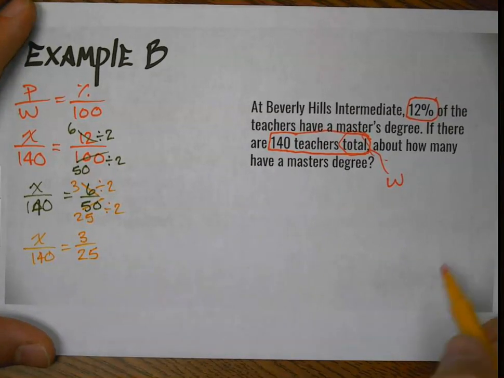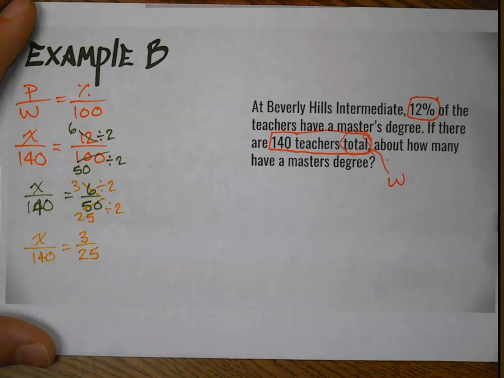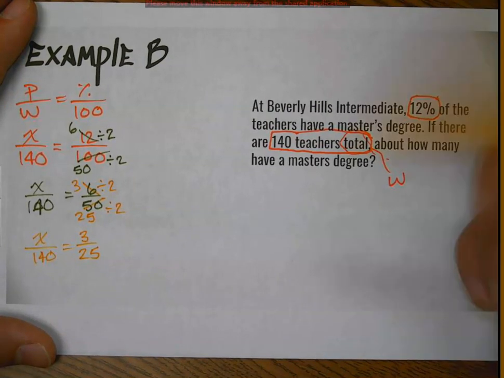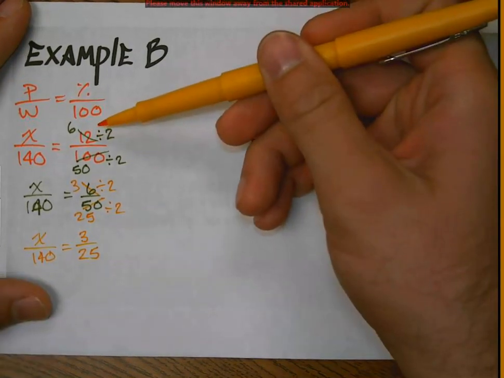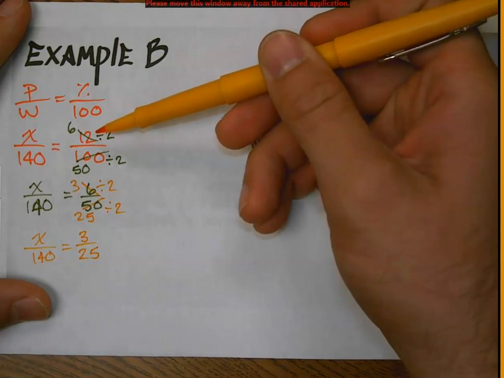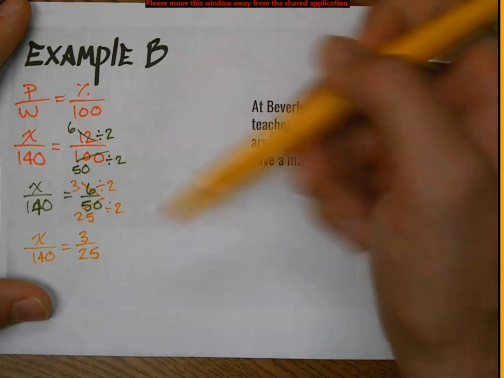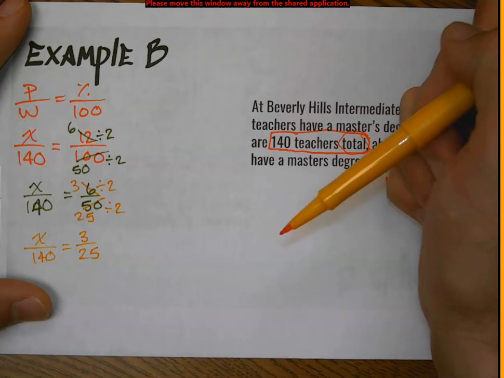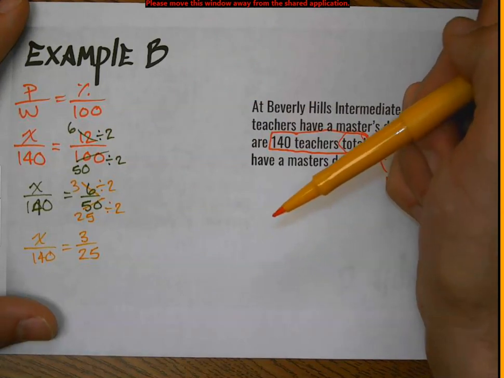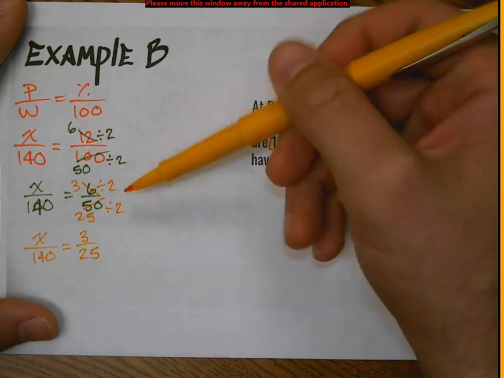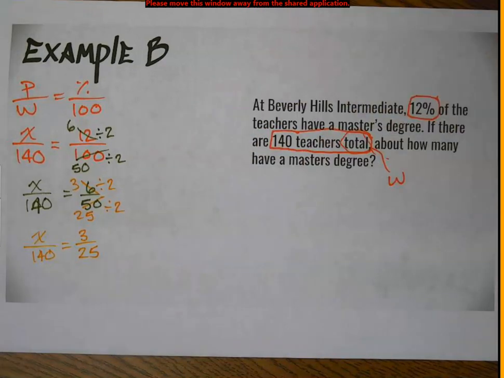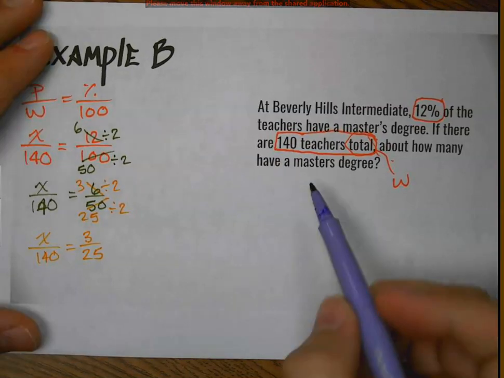So I did simplify more than once, and you can do that. However, if I had seen up here that 4 will go into both 12 and 100, I could have done that simplifying in just one step. Okay, but hey, as long as you get it simplified, I don't care how many steps you do. Make the numbers easier. Don't make it too hard on yourself. All right, so now I'm going to cross multiply.